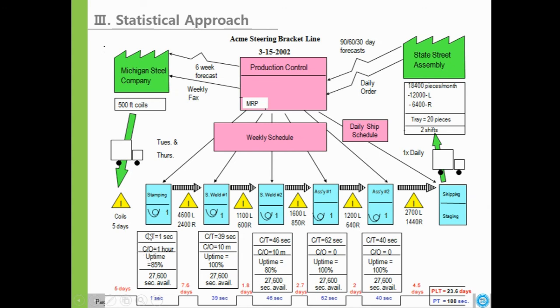The cycle time takes only 1 second, changeover 1 hour. Uptime 85%. Only 1 second is for process time. This is process lead time, including all the waiting and other time together.